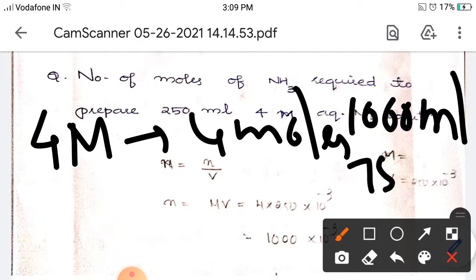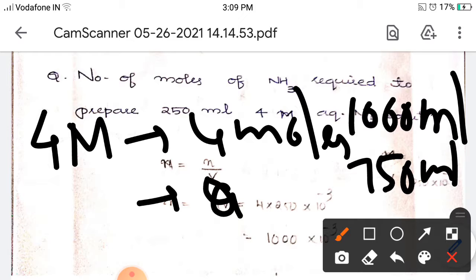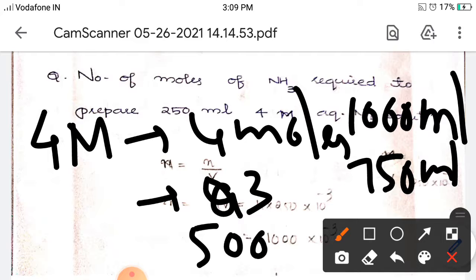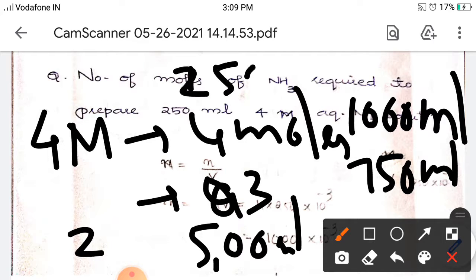For 750 ml, how many moles are present? It is 3 mole. And for 500 ml, 2 mole. And in 250 ml, 1 mole.